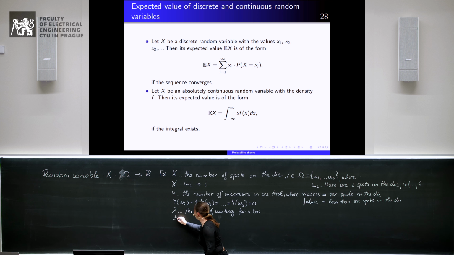Okay, in order to be more precise, I'll describe it. For each omega t, X is equal to t, where the capital omega, the set of all elementary events, consists of omega t, and t is from some time interval from 0 to capital T. It can be, for example, 10 minutes.